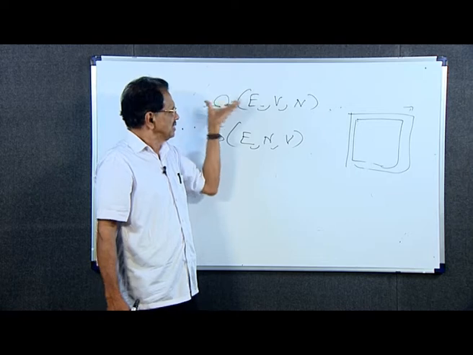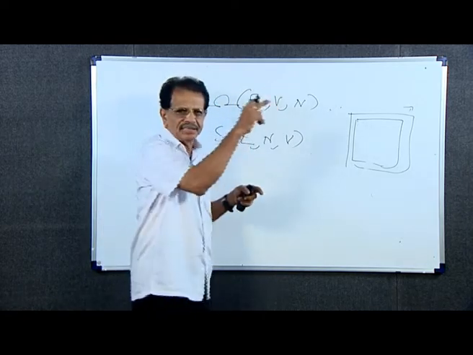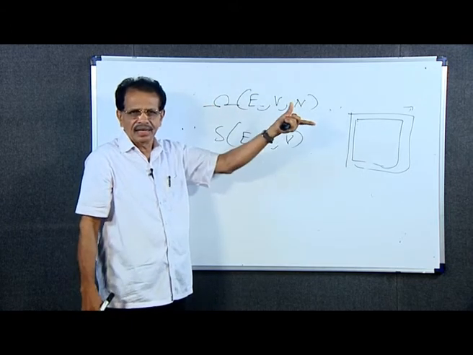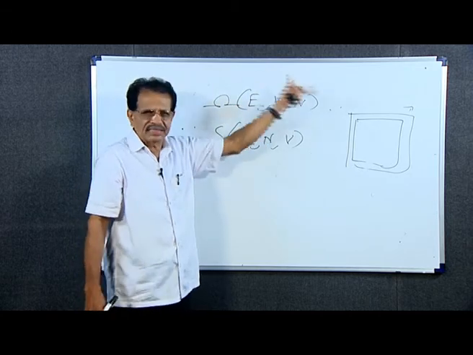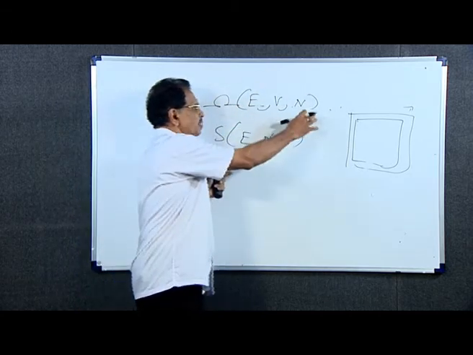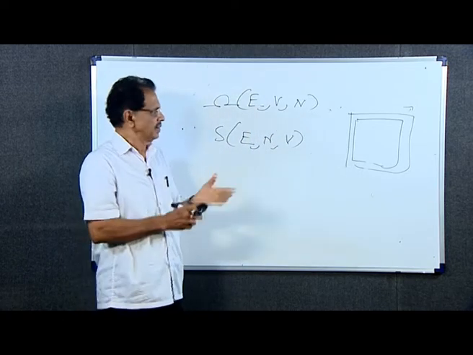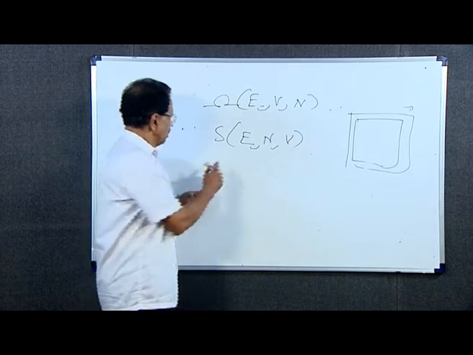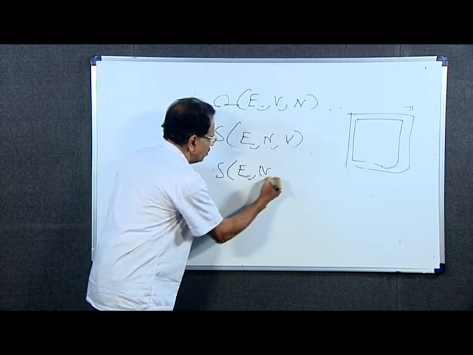We have already seen this with respect to NCn, so omega can be related to NCn. Statistical weight is equal to NCn, and this being maximum shows that there is maximum disorder, and entropy is a measure of disorder. So entropy can be proportional to omega.